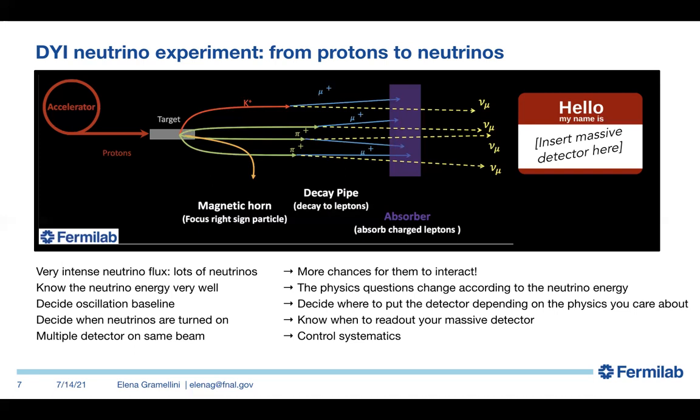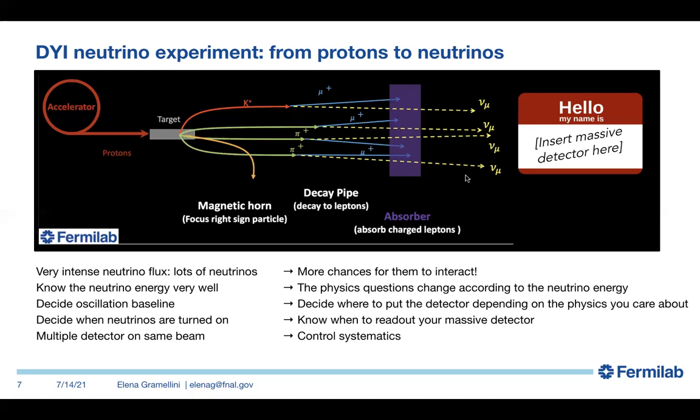Once you focus your particles, you let the kaon and the pion decay in what is called the decay pipe. Usually decay pipes are evacuated, so you try to put a vacuum in these pipes, because if you have particles, you want to minimize the kaon and the pion interaction in your beamline, because we're going to see that it is important for you to know.